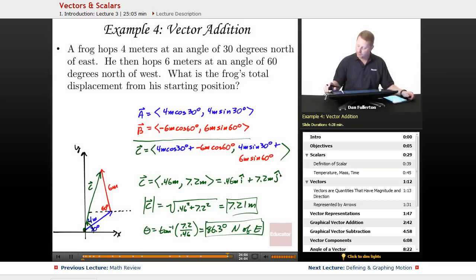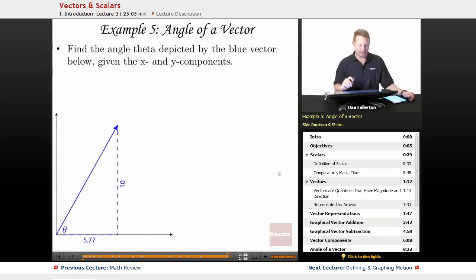All right, let's take a look at one more sample problem, the angle of a vector. Find the angle theta depicted by the blue vector below given the x and y components. Well, since I'm given the opposite side, opposite the angle theta, and the adjacent side, the side that's beside the angle but not the hypotenuse, I'm going to use the tangent function, since tangent of theta equals opposite over adjacent.